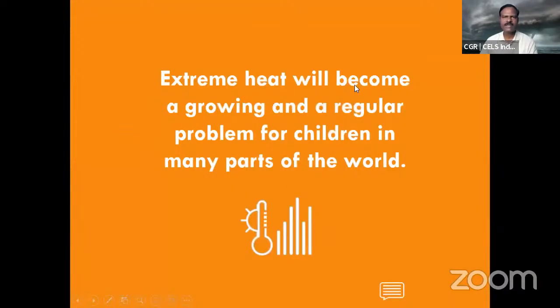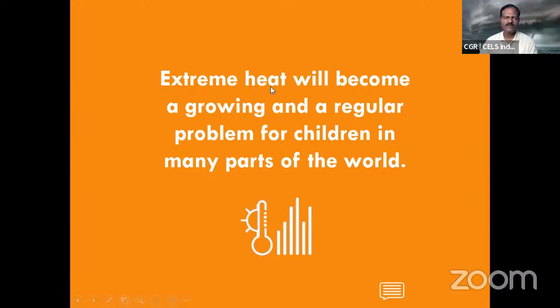Extreme heat will become a growing and regular problem for children in many parts of the world. Global warming is already at 1.5 degrees on average, and we are reaching it globally within a few years. Even 2 degrees, as the trend continues, and there are very few mitigation steps that we can see globally.